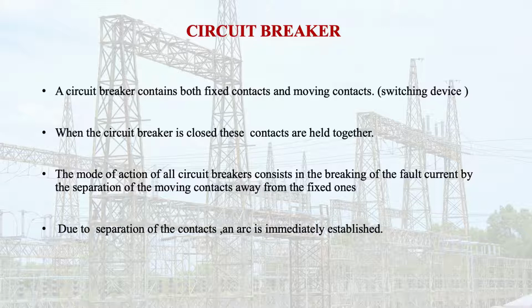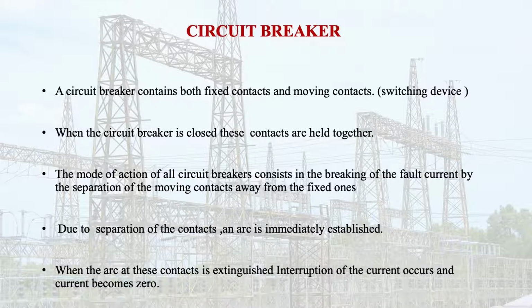Due to the separation of the contacts, an arc is immediately established between them. When the arc at these contacts is extinguished, interruption of the current occurs and the current becomes zero. So it is necessary to quench this arc when the sudden separation takes place between the circuit breaker contacts. This is the general operation when the circuit breaker works.